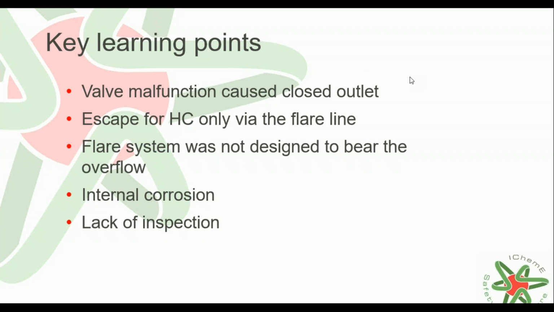Coming back to our case, the explosion apparently was caused by flammable hydrocarbon liquid being continuously pumped into a process vessel that, due to a valve malfunction, had its outlet closed. The only means of escape for this hydrocarbon, once the vessel was full, was through the pressure relief system and then to the flare line.